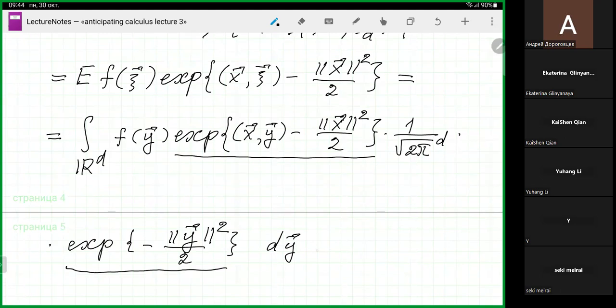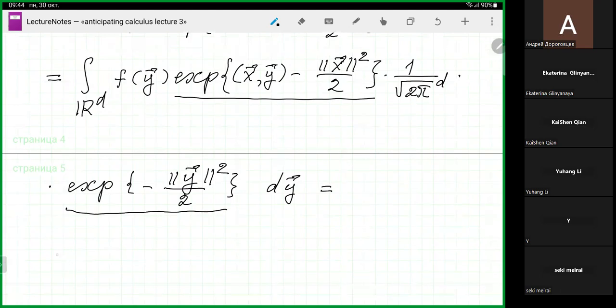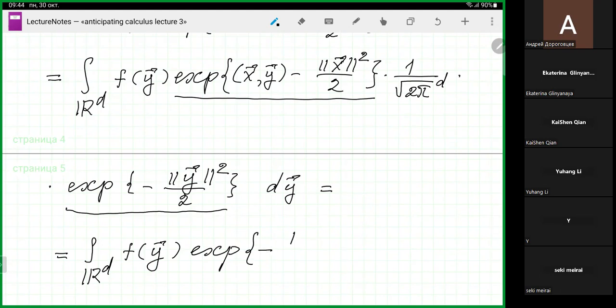It is very convenient now, and it is equal to the integral over Rd of f of y, times the exponent of minus norm of y minus x squared over 2, dy.